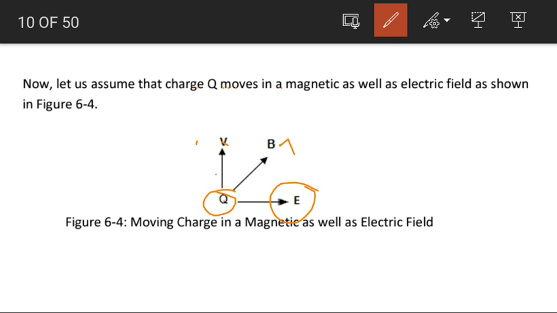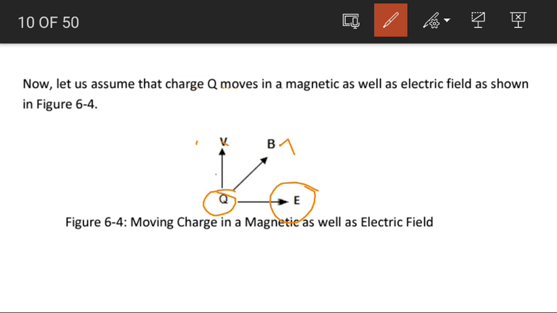As there are two sources which are creating force on the moving charge, and whenever we have more than one source, we apply the superposition theorem. So according to the superposition theorem, we will assume that the electric field intensity does not exist in the vicinity of the moving charge, and the force will be experienced by the moving charge due to the magnetic field only.